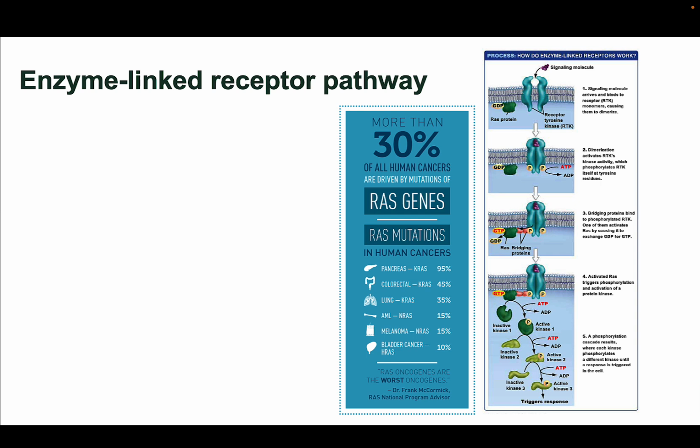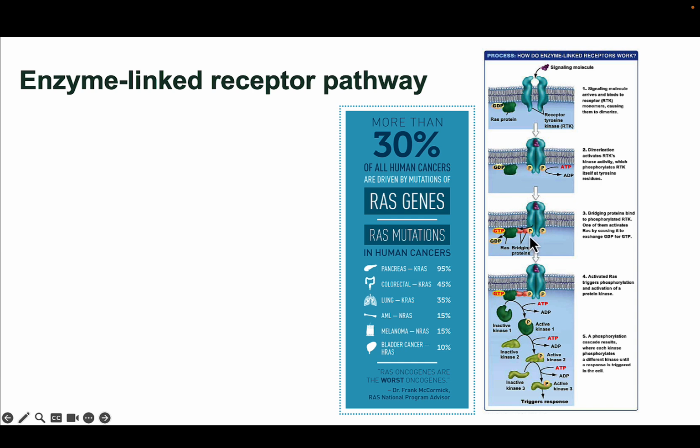But the way the pathway normally works is that these signaling molecules bind to a receptor. That receptor then dimerizes. This means that two subunits come together and connect. And when this happens, this receptor, it's a kinase, so it becomes autophosphorylated. So you'll see here's that ATP adding phosphates to both of the receptor chains.